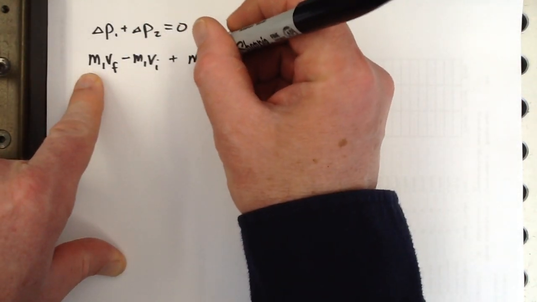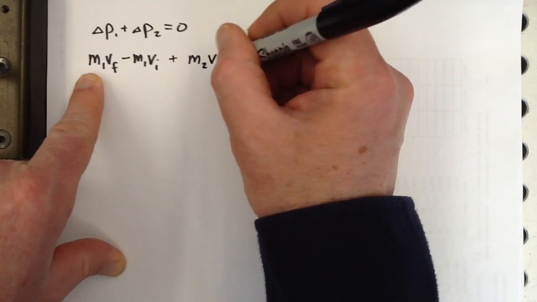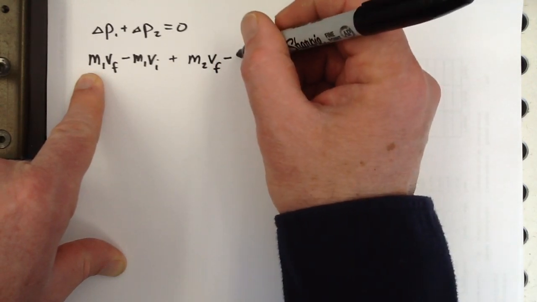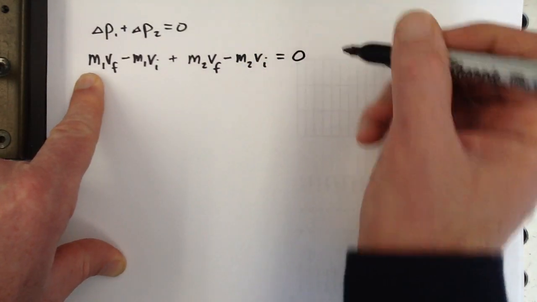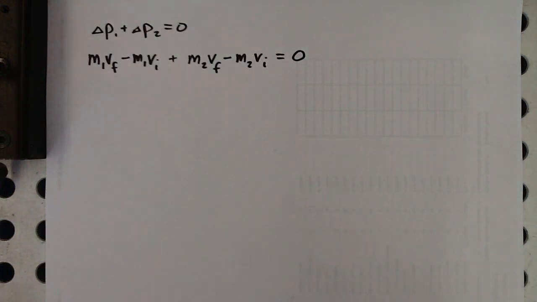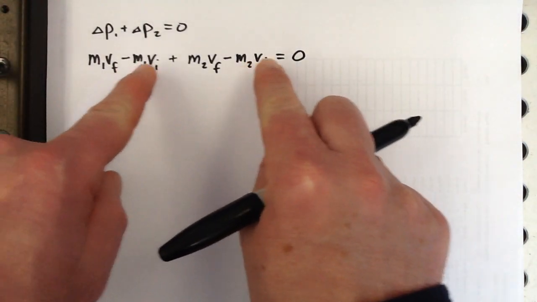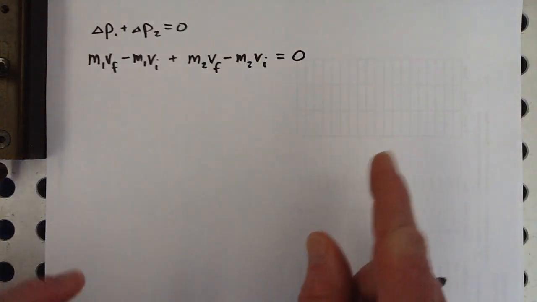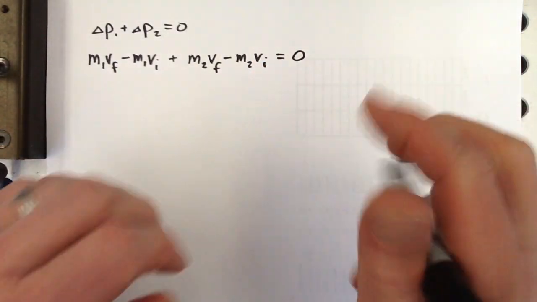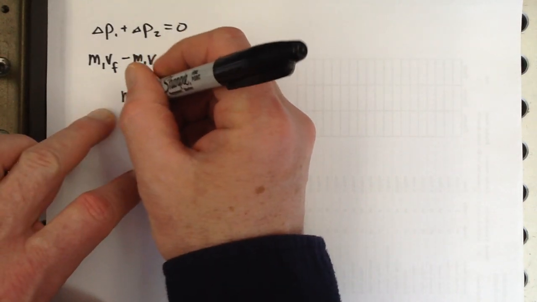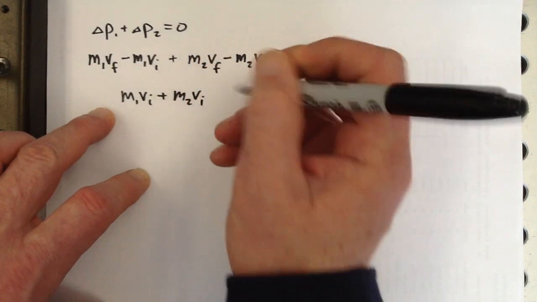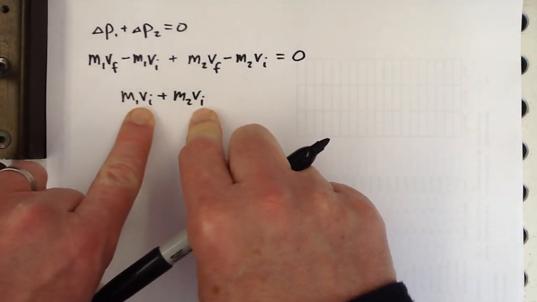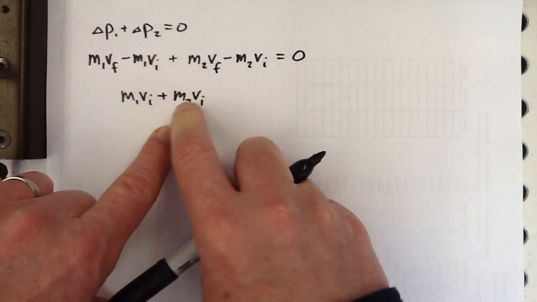So that's the change in momentum of 1. And then for object 2, mass 2 times its final velocity minus mass 2 times its initial velocity. And could add those two over to the other side. And I'm actually going to write it with that side first. I'm going to write m1 times its initial velocity plus m2 times its initial velocity. Those are not the same thing, right? That's the initial velocity of 1. This is the initial velocity of 2.